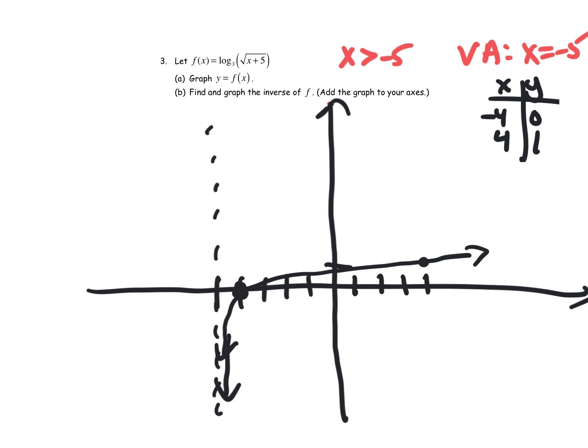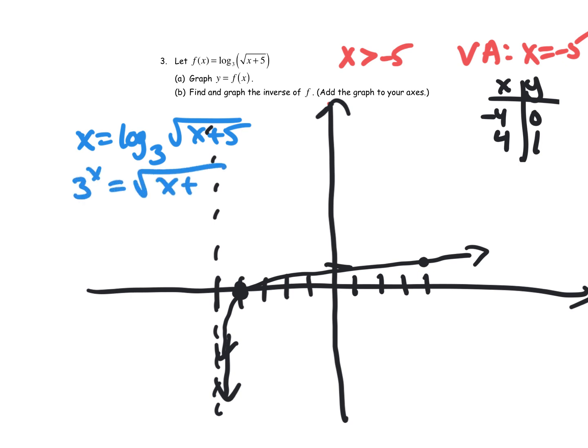And now let's move to finding the inverse. So x equals log base 3 of the square root of x plus 5. Again, the log is isolated, so I can change it to exponential. 3 to the x equals the square root of x plus 5. Sorry, I should have made this y, not x. Then remember, we have to solve for y, square both sides.